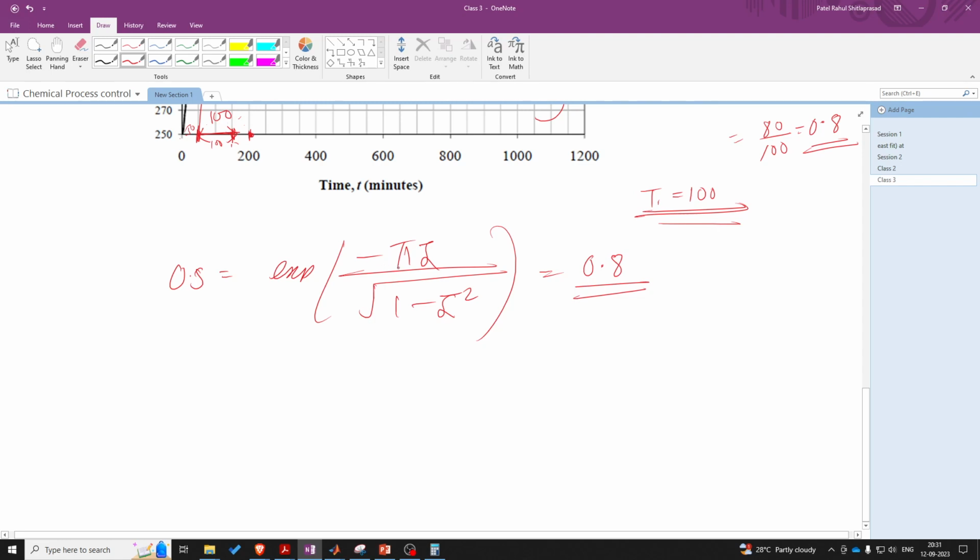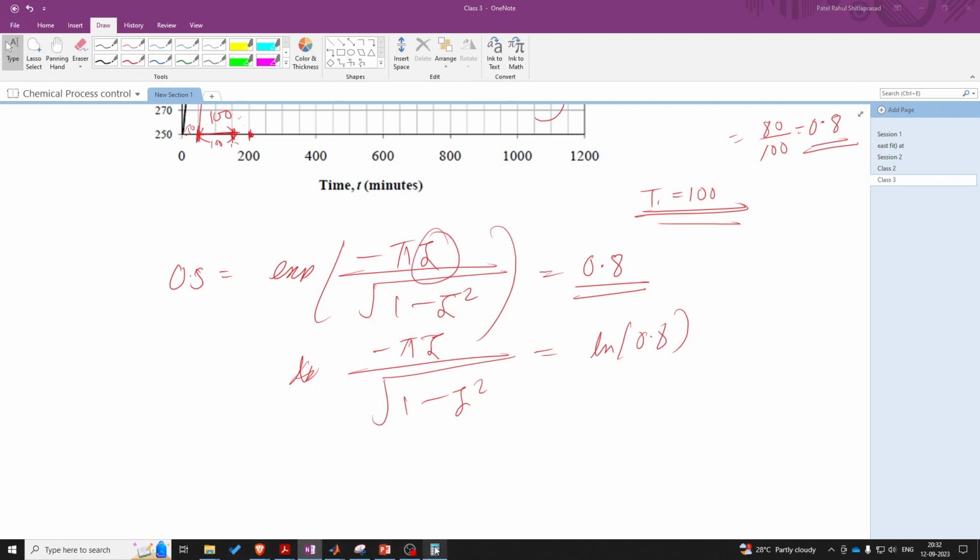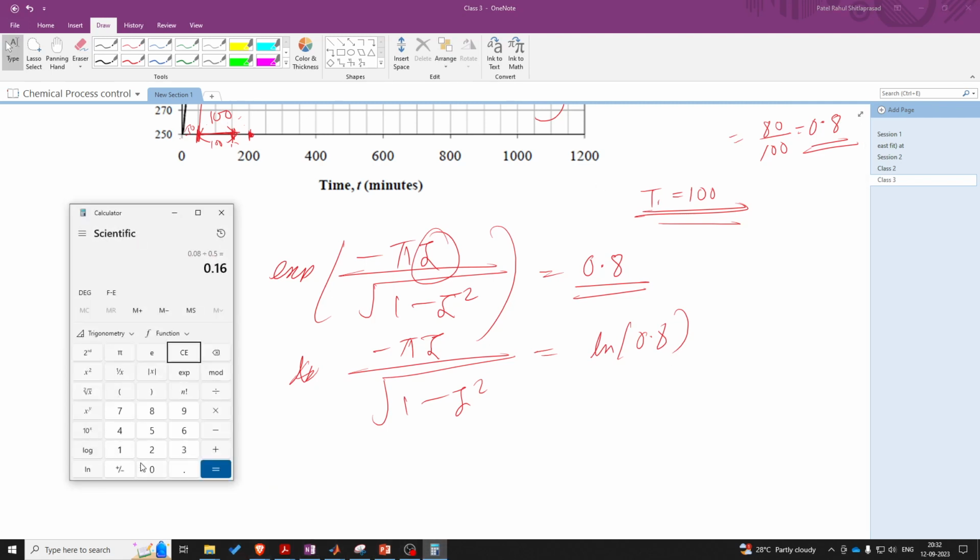So in order to solve this, we can take the log of this term. That is, this term will become minus pi zeta upon under root of 1 minus zeta whole square equal to ln of 0.8. So ln of 0.8 will be minus 0.22314.